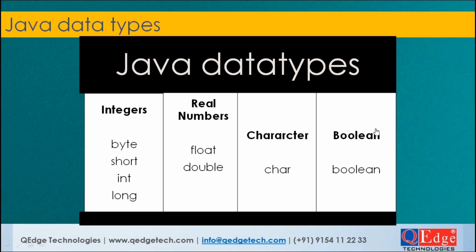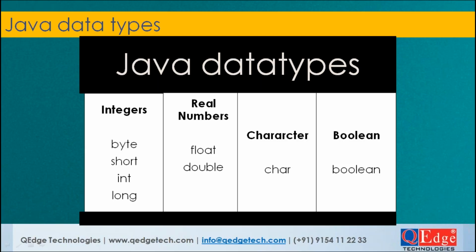See here, integers, real numbers, characters, Boolean are the category names. You don't have a data type like integers. We don't have a data type like real numbers. For your understanding, I put the headings. Byte, short, int, long are the data types. There are 4 data types belonging to the integers category.